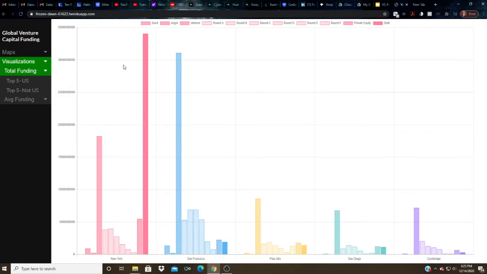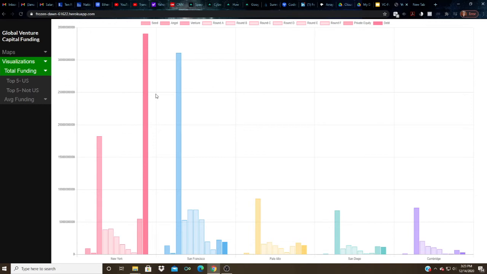You can see here, especially with New York, the biggest finding was that New York has a lot of debt. The largest source of funding there was debt. So they take out loans, it appears, in New York City. But if you look at the other cities, San Francisco, Palo Alto, San Diego, Cambridge, Massachusetts, you can see that the debt values are much lower than the value that stands out on all of them, and I think that's venture.